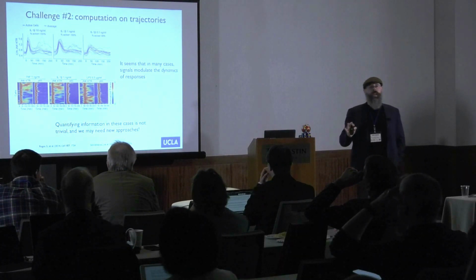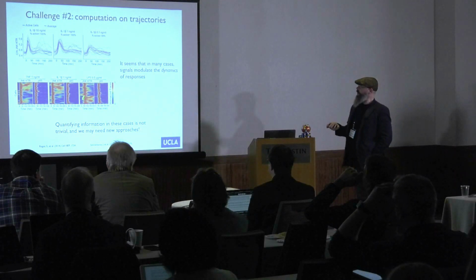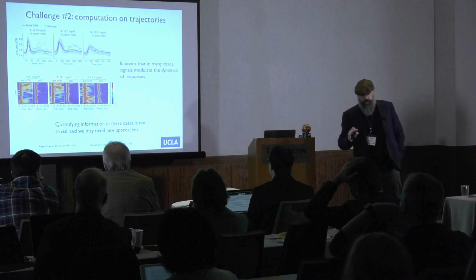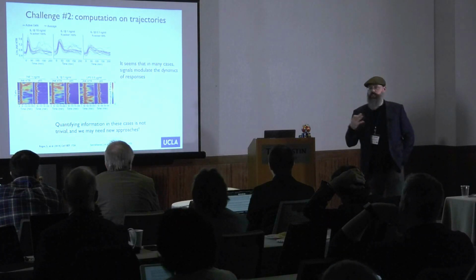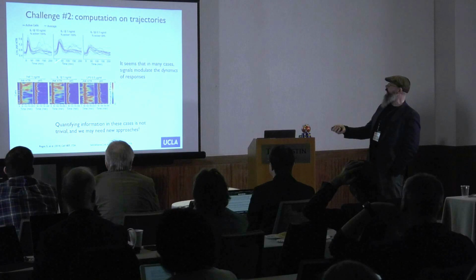But this is a complicated problem theoretically, because unlike in certain engineered systems, it's not necessarily clear that there's a frequency domain that we have to think about. So there's a lot of work to be done here.